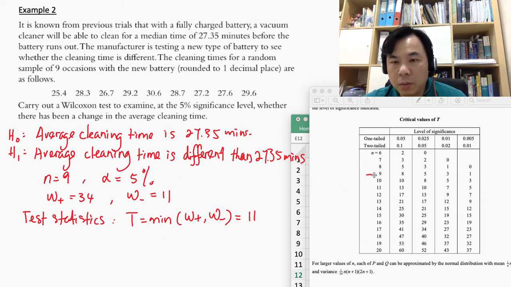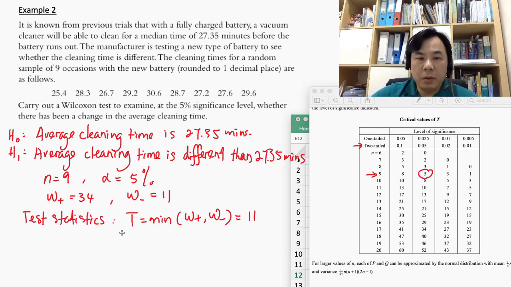So we go to sample size of 9. This is a difference, so it's a two-tail test at 5%. So we still have to refer to 5% here. Now the critical value is 5.